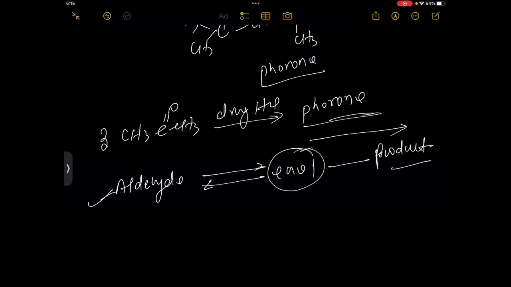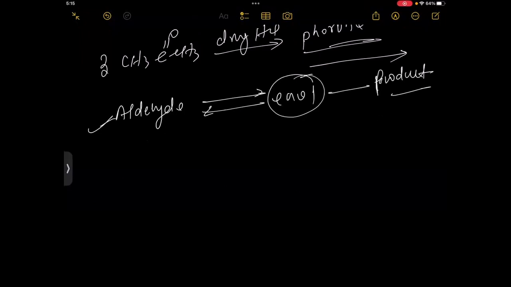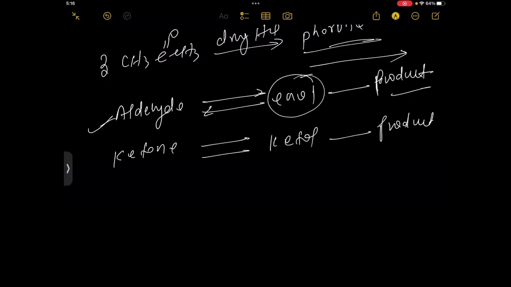But when you take the ketone, students, that ketone will be reversible and form the ketol, and that ketol forms the product. But at the same time, it also moves in the backward reaction, the backside, that is called retroaldol. Retroaldol means the opposite of aldol, the precursor of aldol.